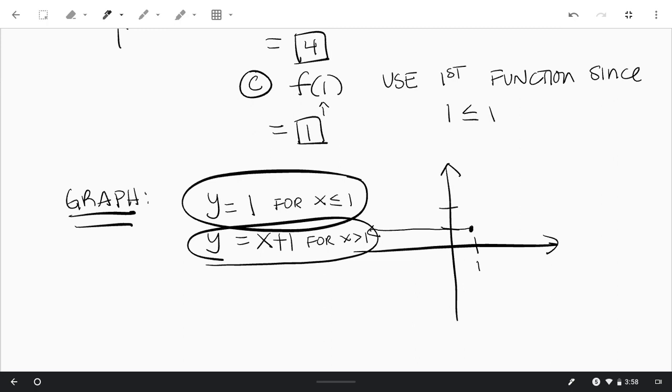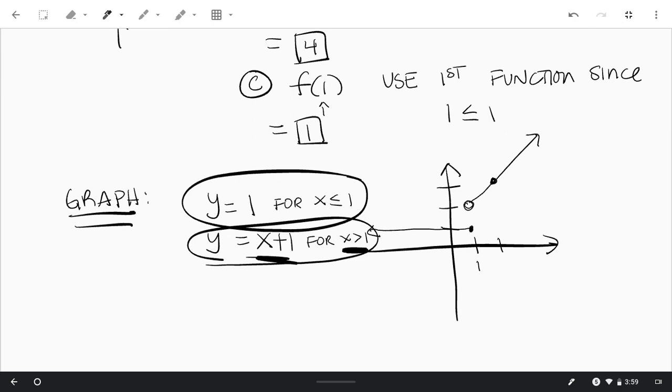But that one is going to be an open circle because remember, 1 isn't part of our domain for this function. So it's going to be an open circle. And then when I plug in 2, I get 3. So I only need 2 points to draw a line. And this one goes on forever that way, but not the other way.